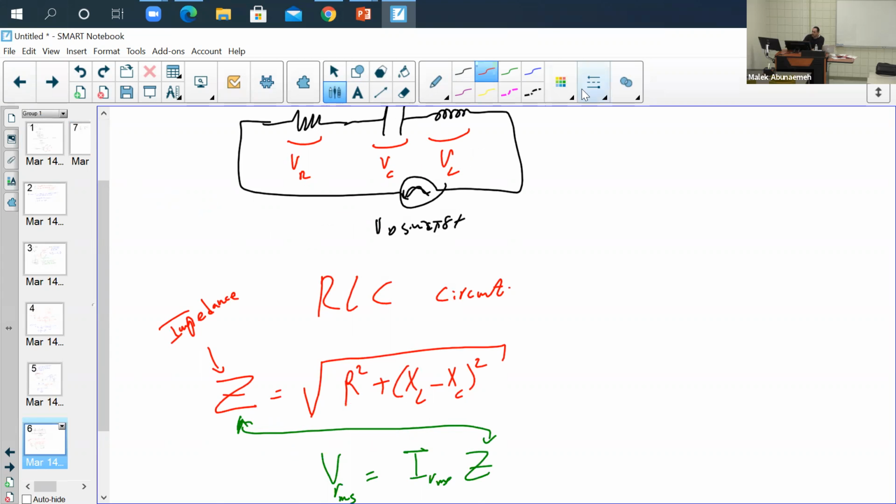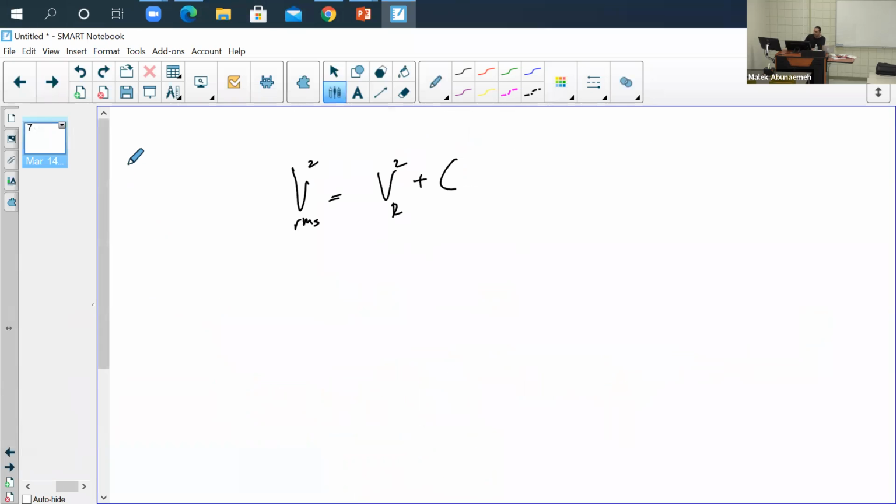Let me write this down over here. If you take Z squared, it equals R squared plus the inductive minus the capacitive reactance squared. So if we're taking VRMS squared, it equals VR squared plus your voltage across your inductor minus your voltage across the capacitor, squared.